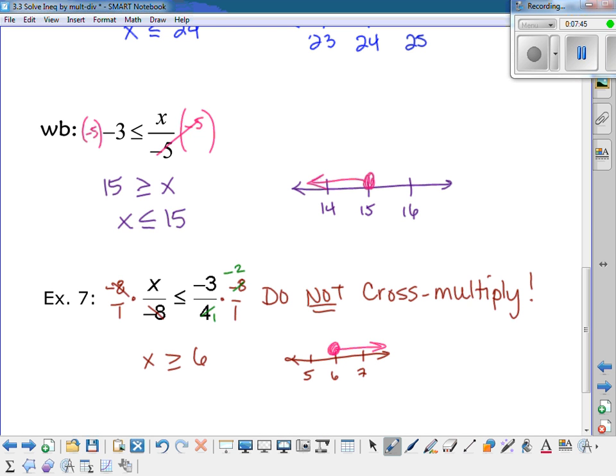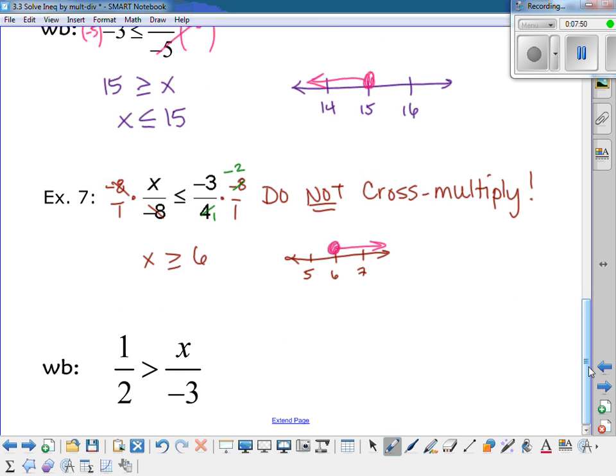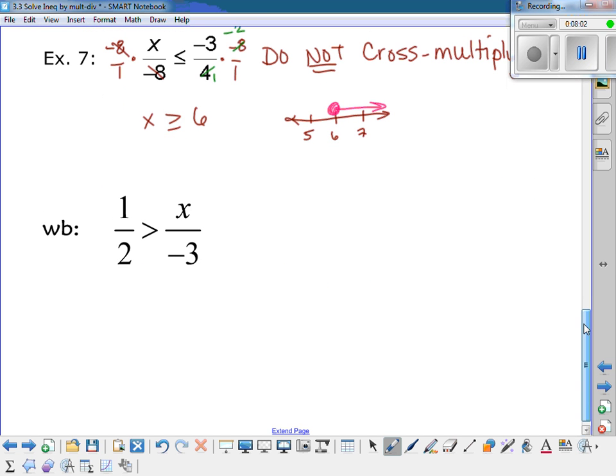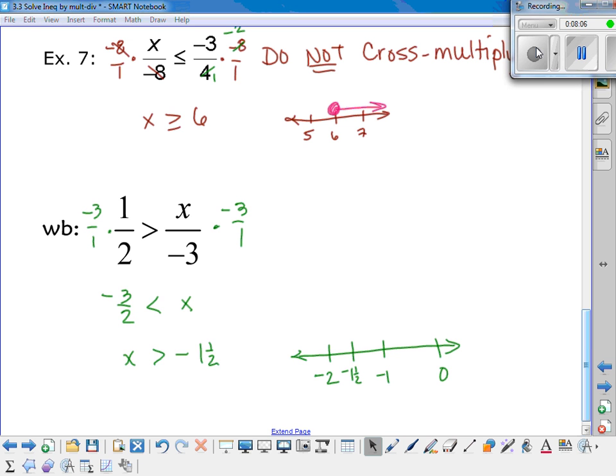Okay. So I have one for you guys to do on your whiteboards. Again, don't cross multiply. Be careful with your negatives and remember to reverse the symbol. Okay, so you should have multiplied both sides by -3, and again, you can write it as -3 over 1 if you want to.